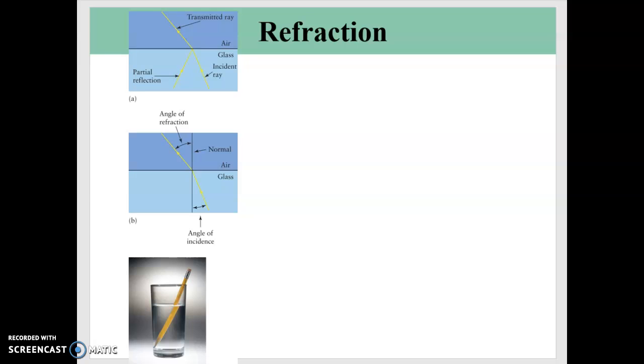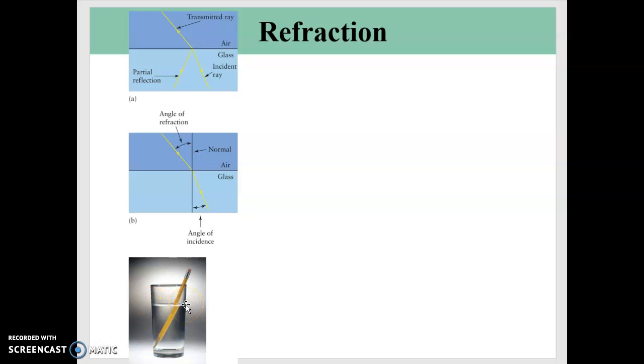refraction. So again, this chapter is all about how light interacts with surfaces, and in the case of a mirror, it's almost completely reflected. There can be a little bit of absorption, but it's essentially all reflected. And in the case of refraction, most of us have seen something similar to the pencil in the water, where it looks like the pencil gets kind of cut in half.